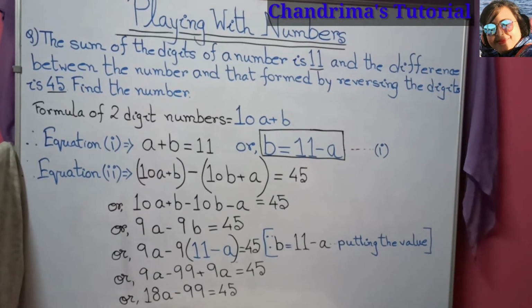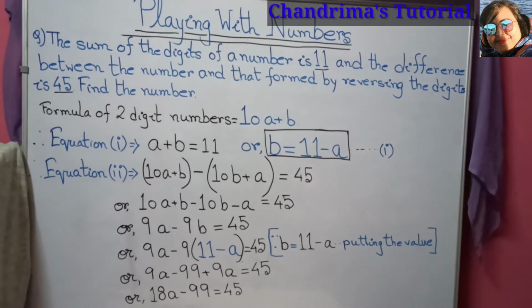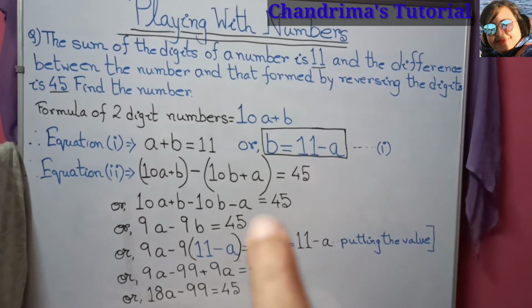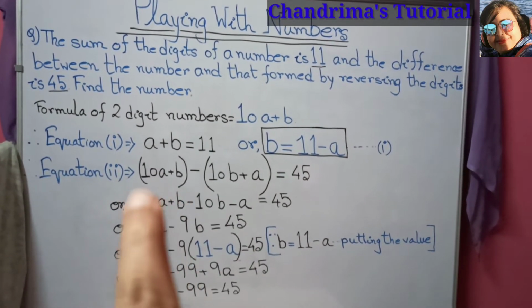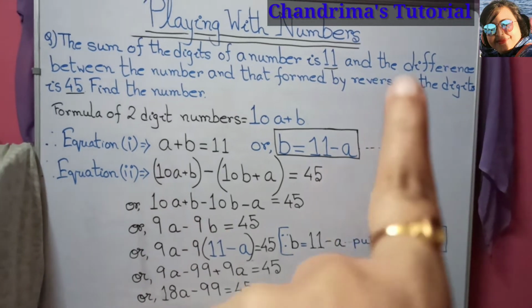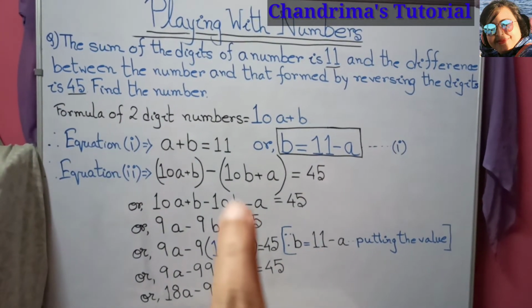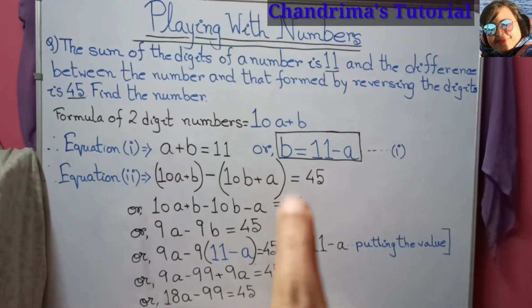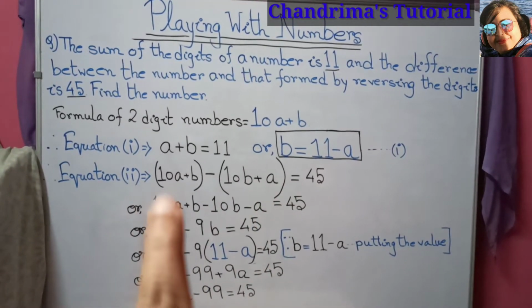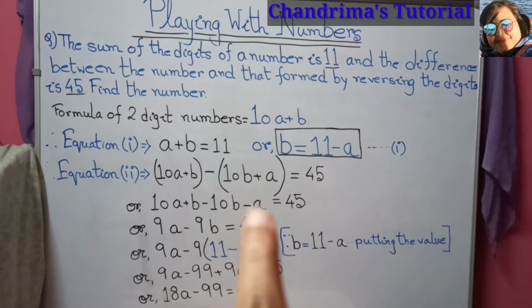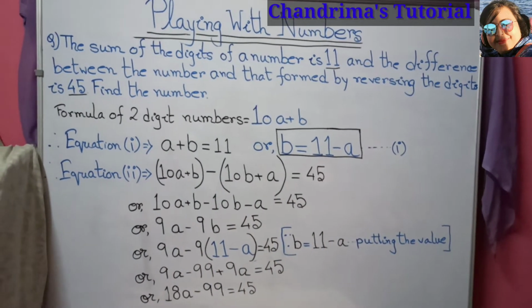So we are reversing: 10b plus a. So the difference, 10a plus b minus (10b plus a), equals 45.